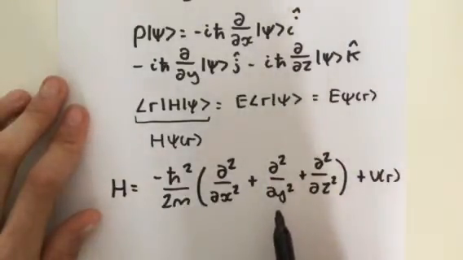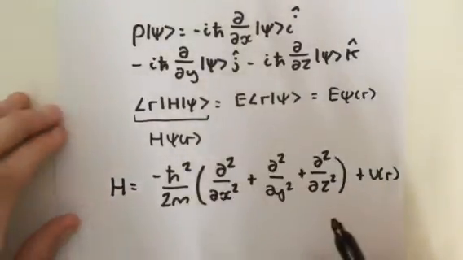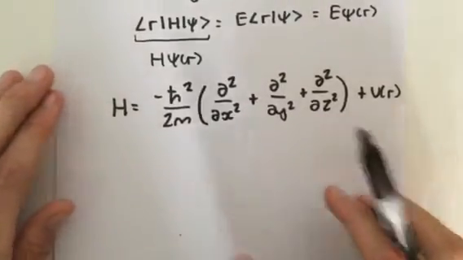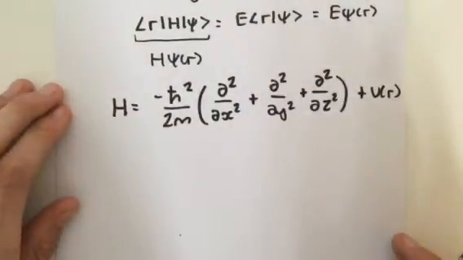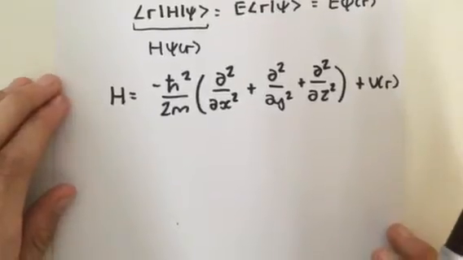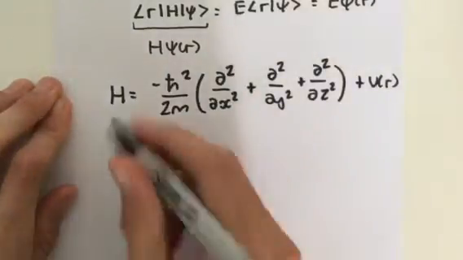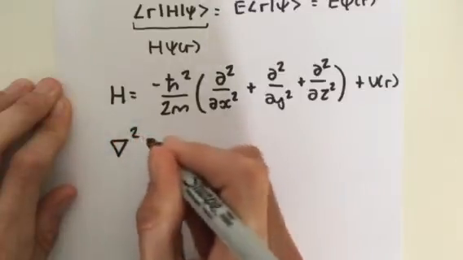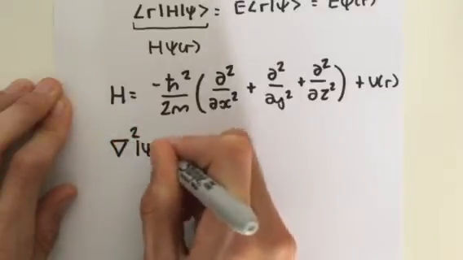Using the Laplacian operator, we can simplify things slightly. The Laplacian operator, or the Laplacian operator, it depends where you're from. I say Laplacian. The Laplacian operator is given by del squared psi.